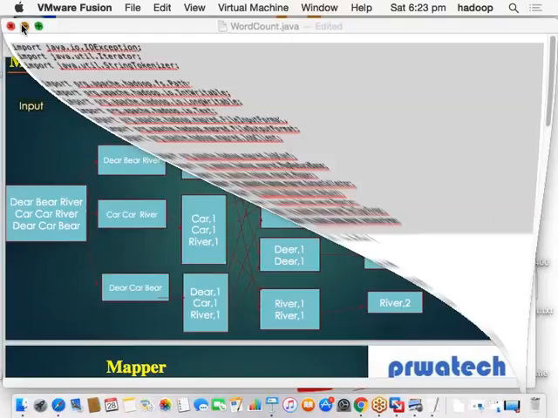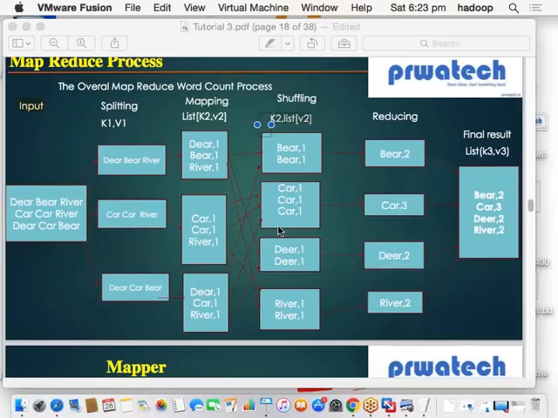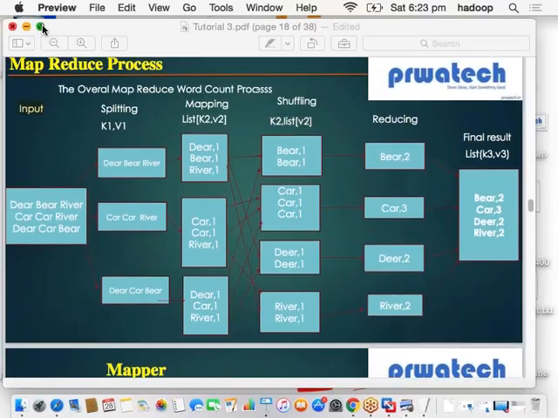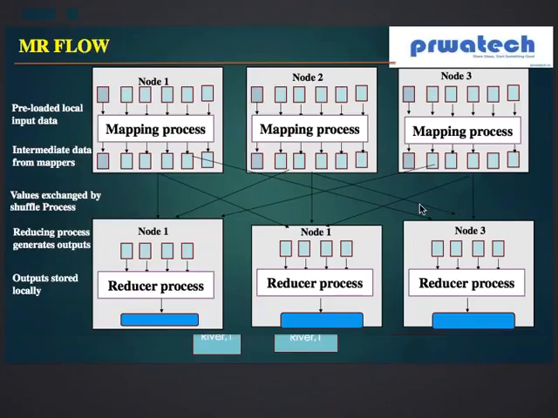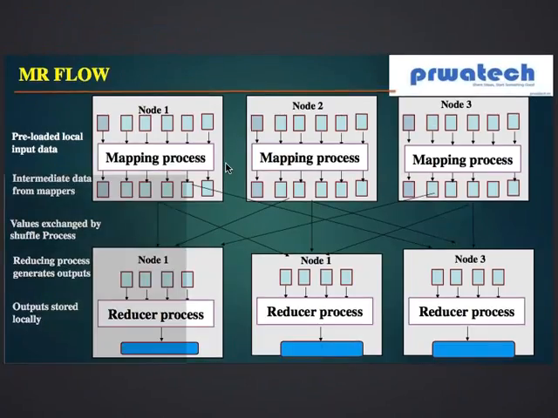So go back, and this is the code we have. Here is the MR flow. This is the mapper running on multiple machines. The mapper output is called the intermediate value. Then shuffle will happen.